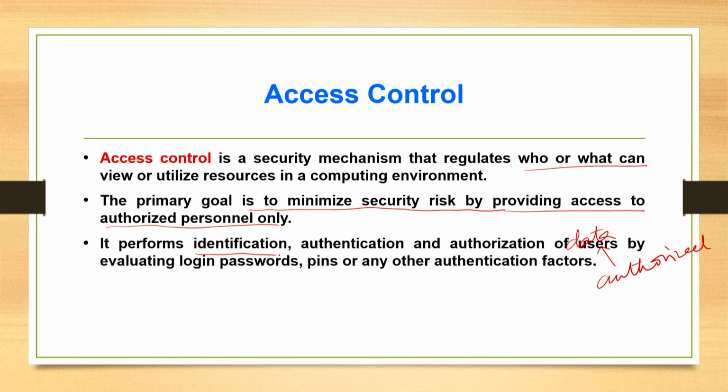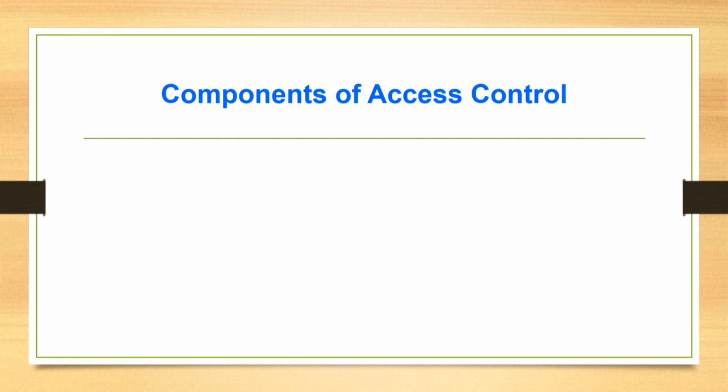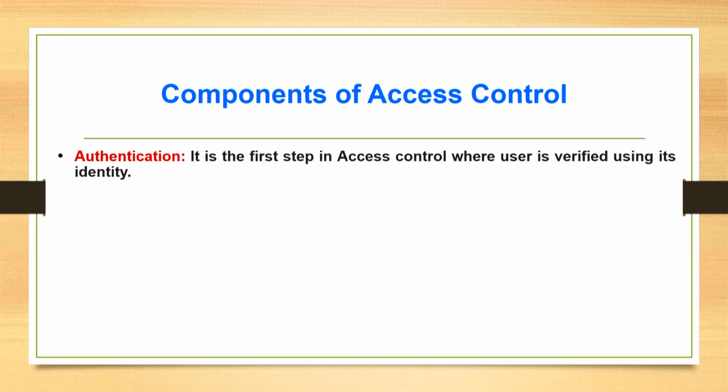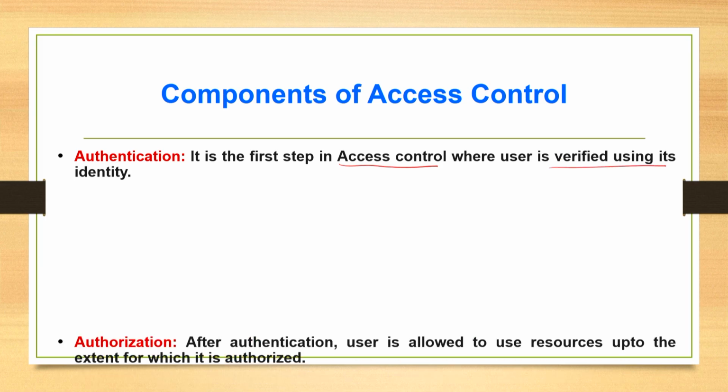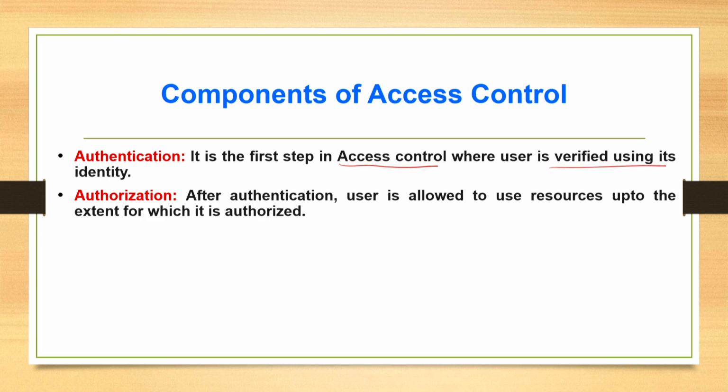It performs identification, authentication and authorization of the users by evaluating login passwords, PINs or any other authentication factors. The components of access control are authentication. This is the first step in access control, where the user is verified using their identity. Authorization.